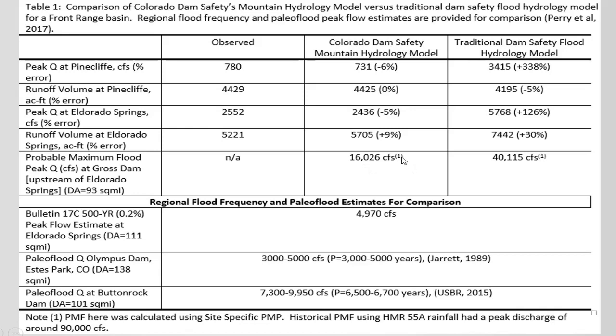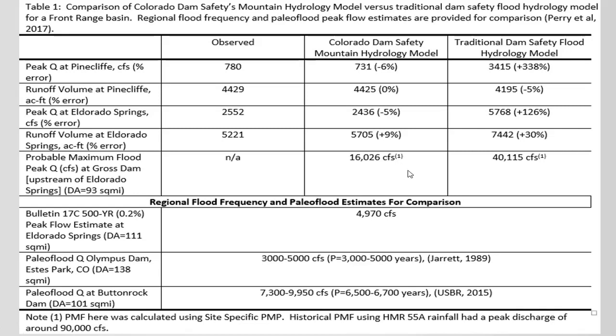Now, the subnote 1: this was again a site-specific PMP and PMF hydrology study. So this is using site-specific PMP. This study was done prior to our Colorado, New Mexico Regional Extreme Precipitation Study, or REPS, but it was done in a very similar manner.